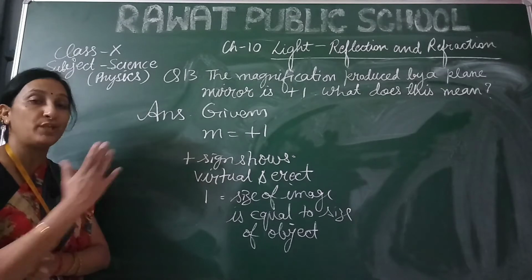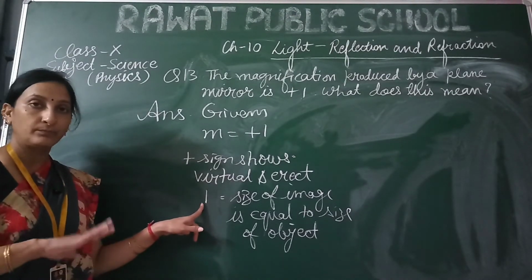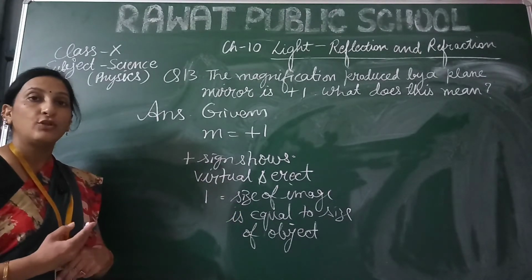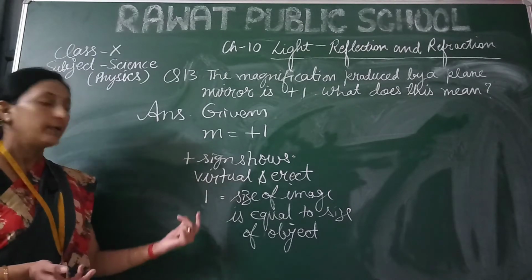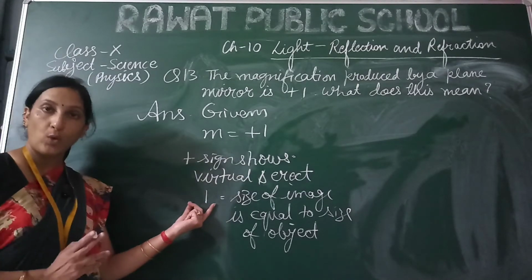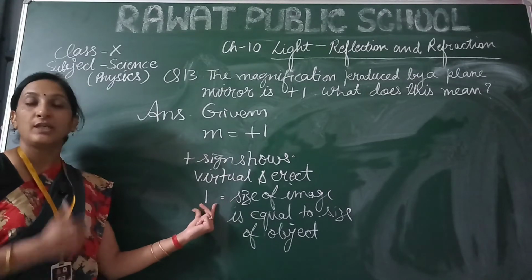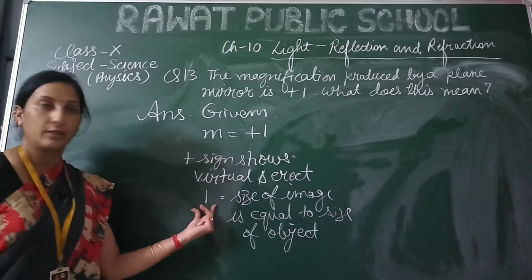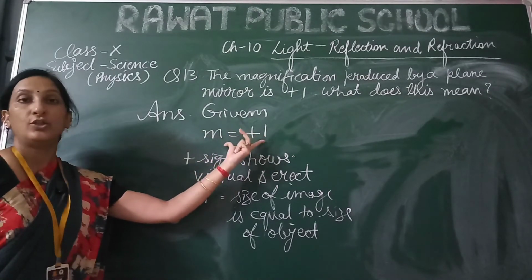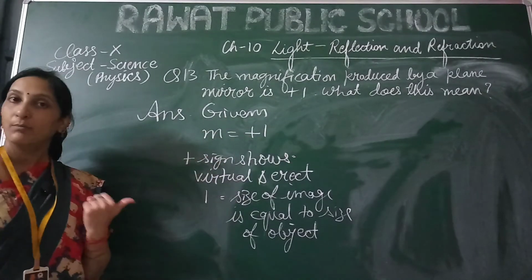Then we can say the image is enlarged or magnified. If this value is less than 1, then we can say the size of the image is smaller than the size of the object, and we can say that the image is diminished. But it is 1 here in this question, so we can say the size of the image is equal to the size of the object. So according to magnification we can tell about the nature of the image. जो भी image form हो रही है उसका हम nature easily बता सकते हैं.